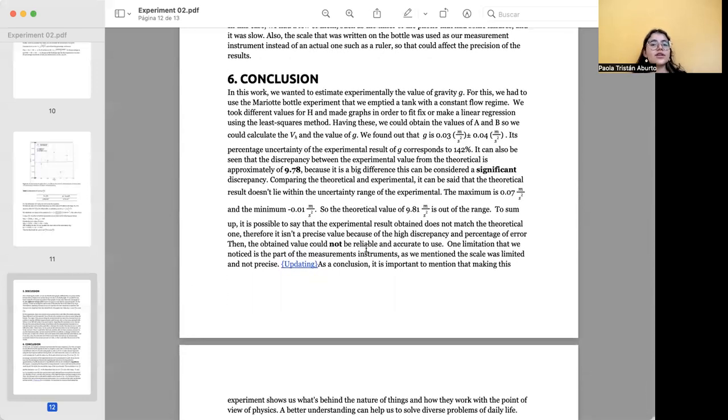For the conclusion, we can say that in this work, we estimate the experimental value of G. We use the Marriott bottle experiment, and we took different values of H and made its graph in order to make the fit or to use the linear regression using the least squares method.